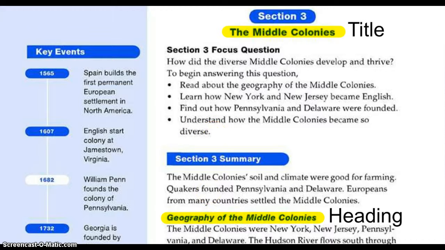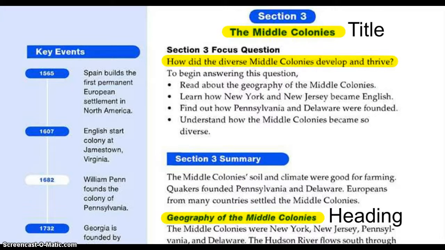I want us to highlight the focus question because this will help us as we're reading too. It's going to give us a purpose for reading. We're going to be looking for the answer to this question: how did the diverse Middle Colonies develop and thrive?